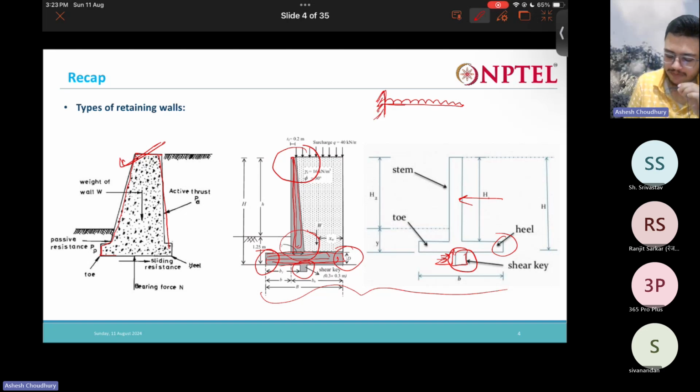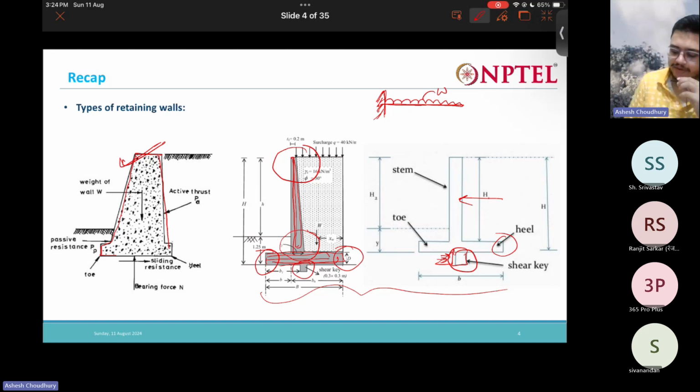So we have a fixed support, we have this beam, and we have a UDL, say W. How will the SFD and BMD be, if you remember from your basic strength of materials course or structural analysis course?